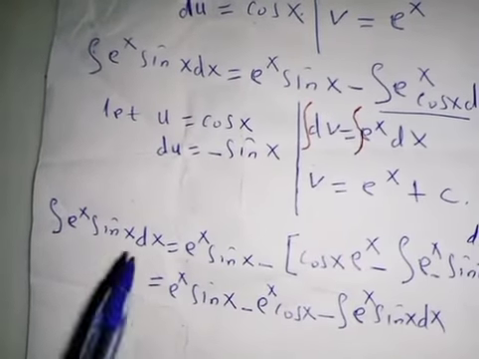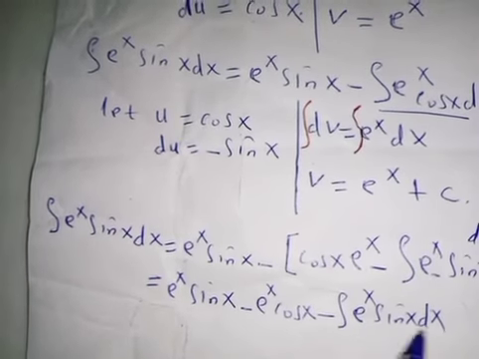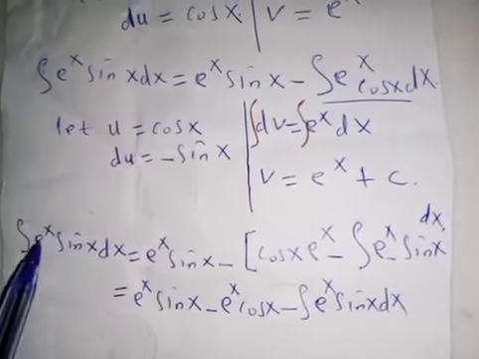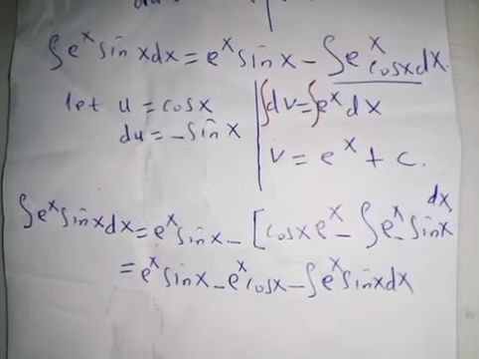Now, when we look at this part here, integral of exponential x sine x dx is the same as what is in the left hand side. So we can take this to the other side. When we take it to the other side, it will be an addition.